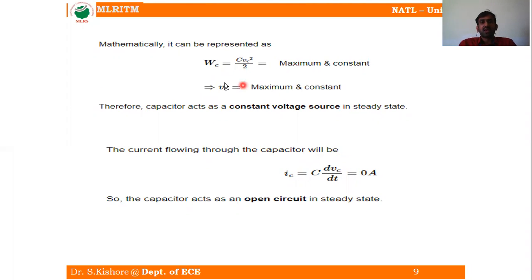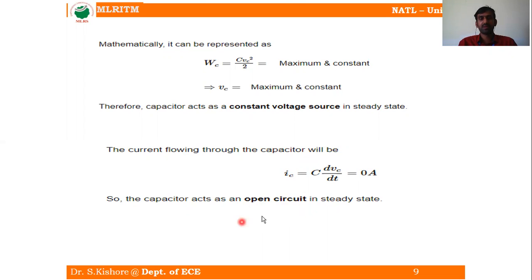From the equation WC is equal to CV square by 2, if VC is a constant value over here, that means the IC is going to be equal to 0 amperes. So at the steady state, the capacitor is going to act as an open circuit. If the current is equal to 0, it is nothing but an open circuit, the element is nothing but an open circuit.